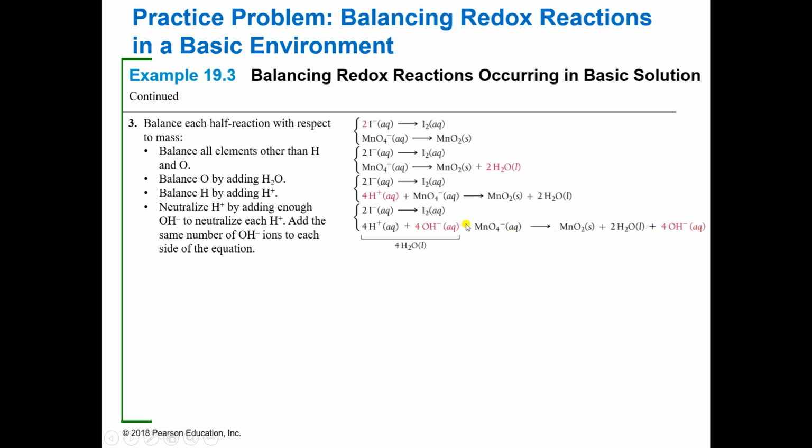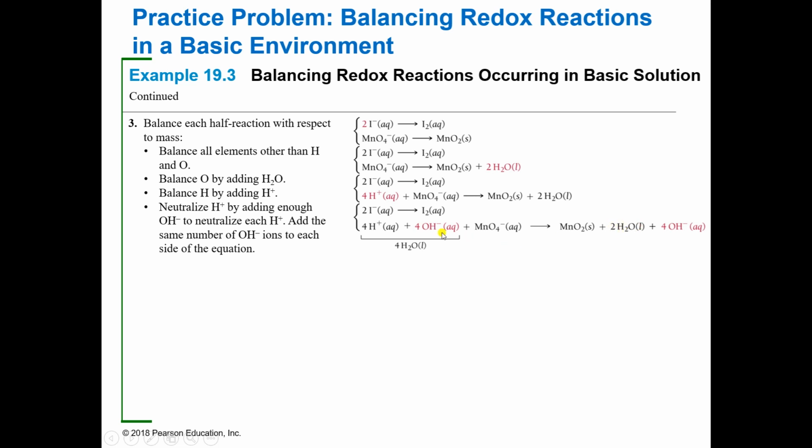Okay, so some of these hydroxides are going to neutralize the hydrogen ions, and some of them are going to stay in solution because it's a basic solution. When we did the previous example, or like the one we did today in class, that would keep it in acidic solution because there would be excess hydrogen ions present, more hydrogen ions than there are waters.